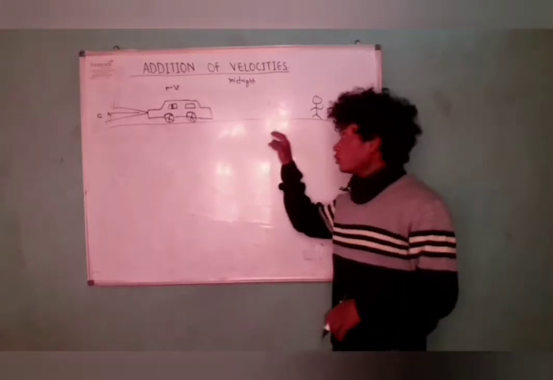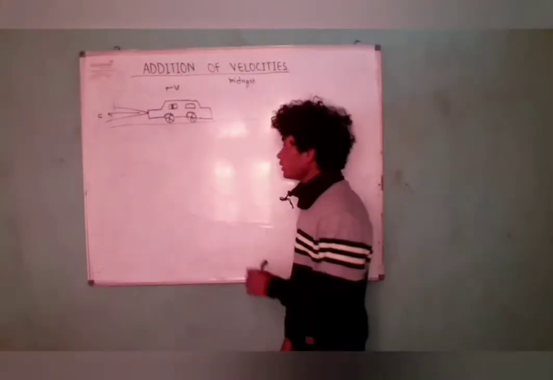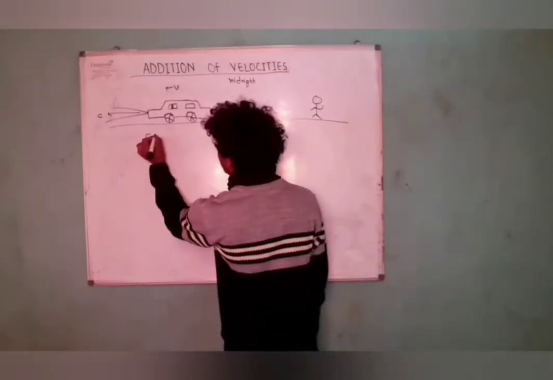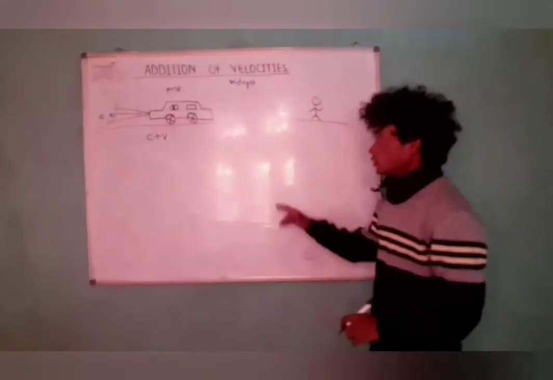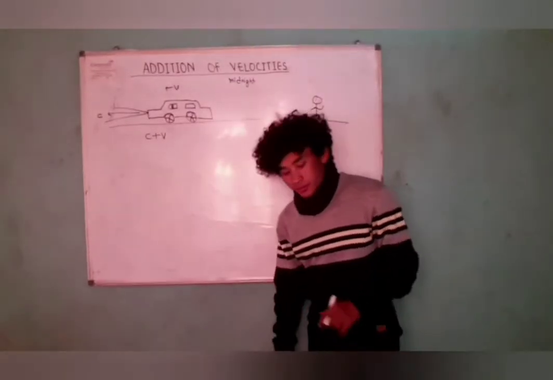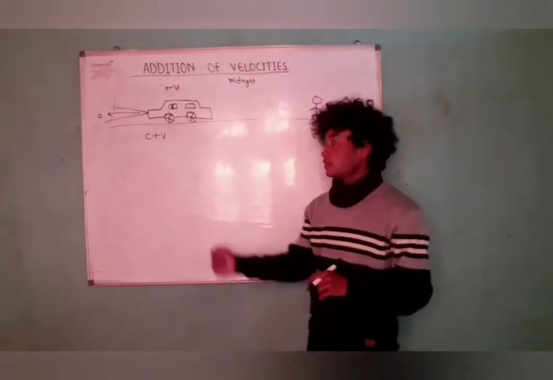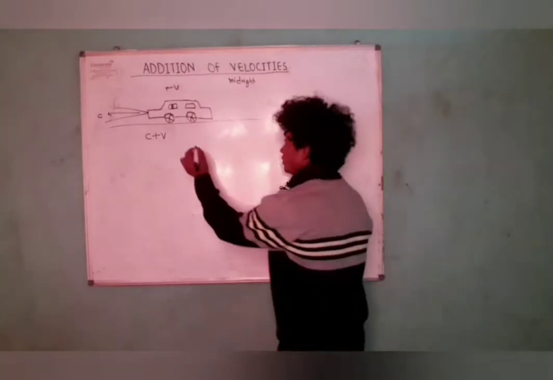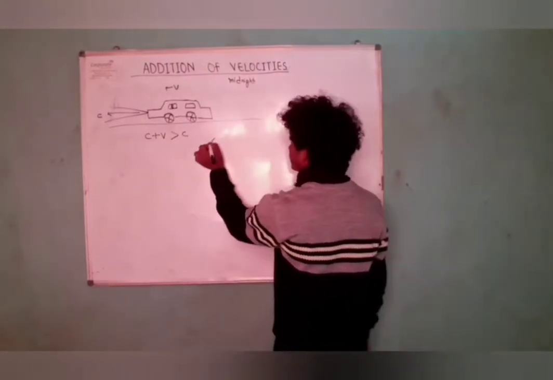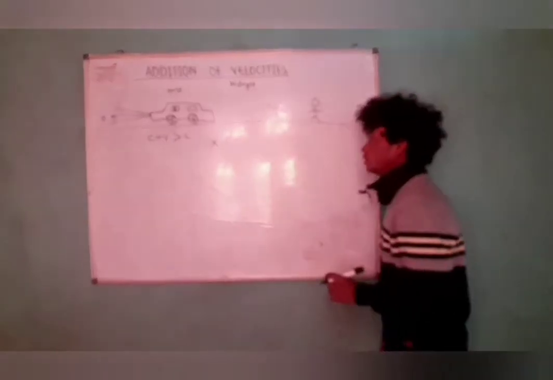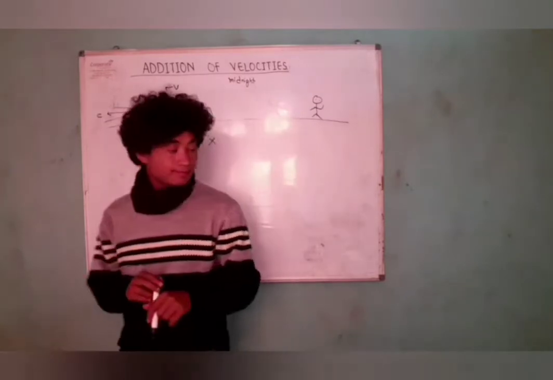The observer who is observing this frame of reference found the speed of light to be c plus v. So, according to the Newtonian theory, it must be c plus v, which is greater than the speed of light, which is not true. So, here our common sense notion has failed.